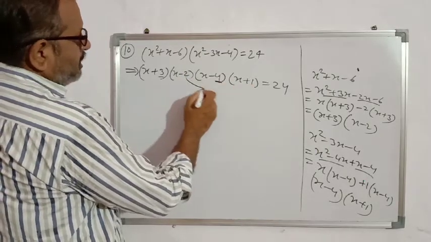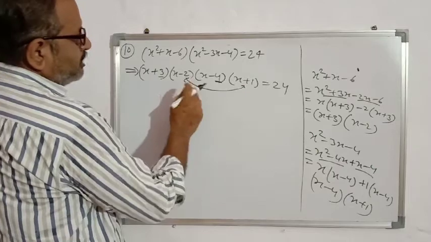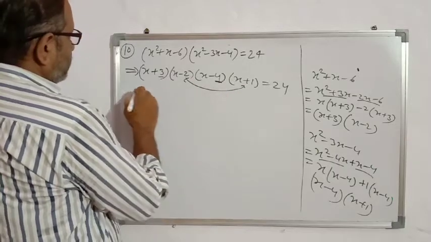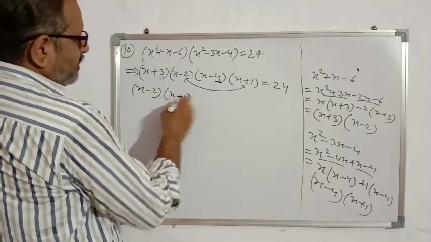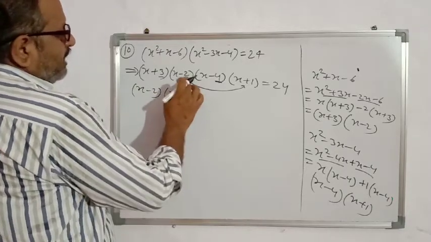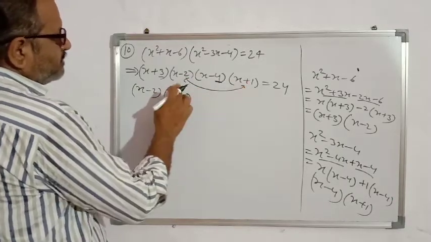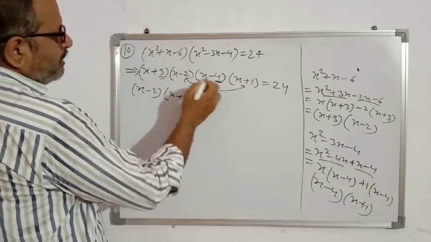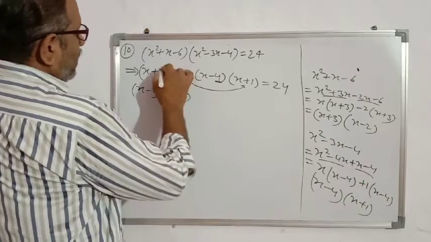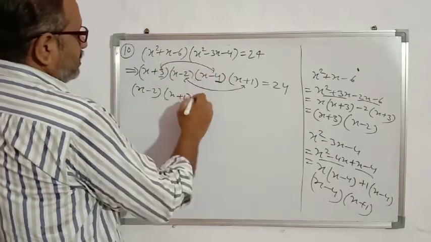So we will take x − 2 and x + 1 together, these two. If we add the constant terms, −2 plus 1, it will come minus 1. And here also +3 −4 is minus 1. And we will take this one together.